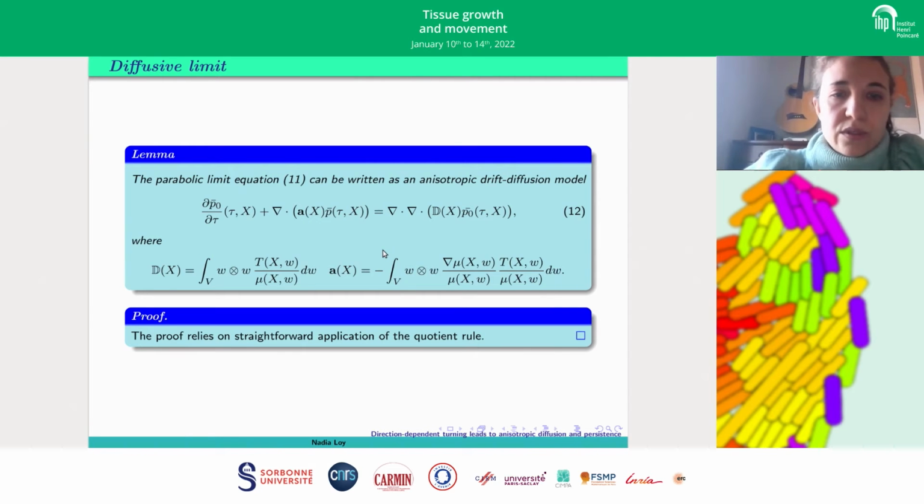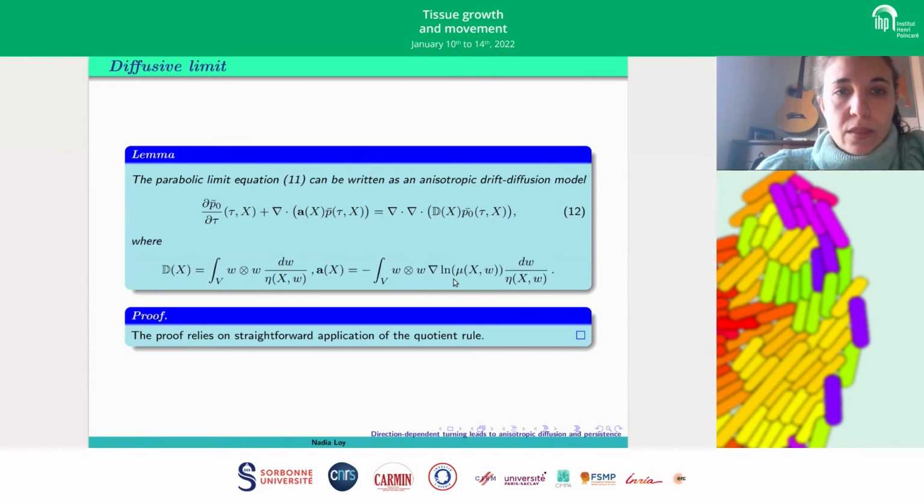So just by applying the quotient rule, we find this equation 12. That is a drift diffusion equation. So we have a diffusion tensor that's related to T over mu, and an advection term that describes the fact that cells tend to move towards decreasing values of the turning frequency.